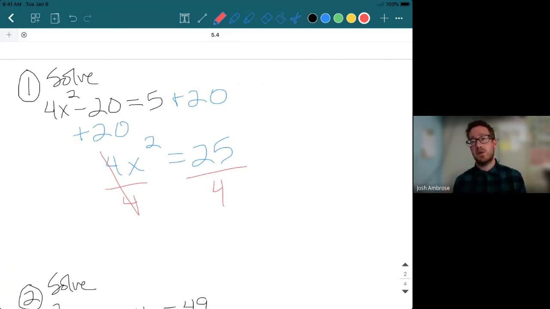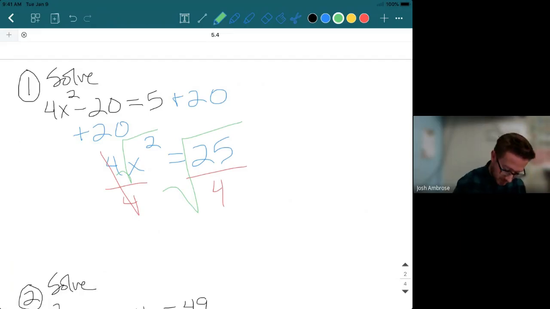Here's where that square root property comes into play. Because 25 is a perfect square and 4 is also a perfect square, that allows us to take the square root of both sides. How do you get rid of a square? In other words, how do we get rid of this 2 right here? You have to take the opposite of it, which is the square root.